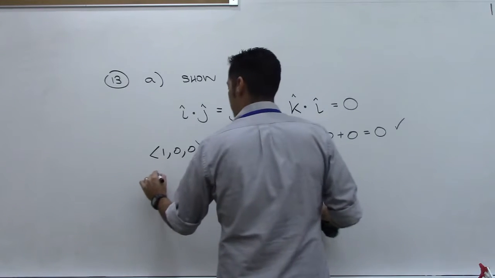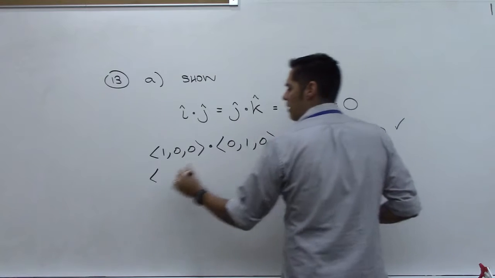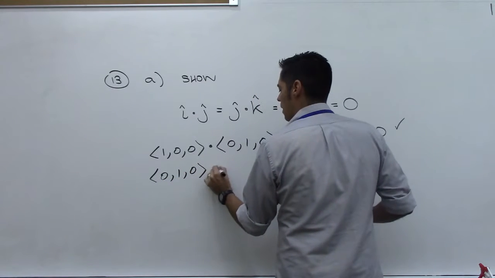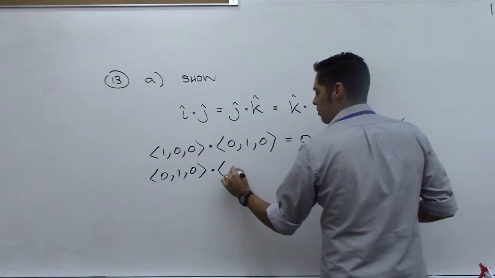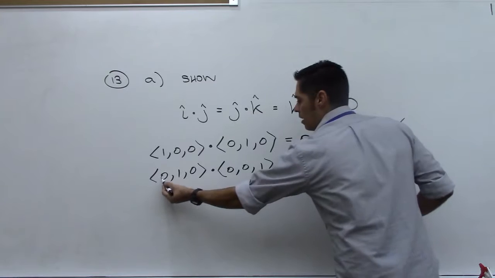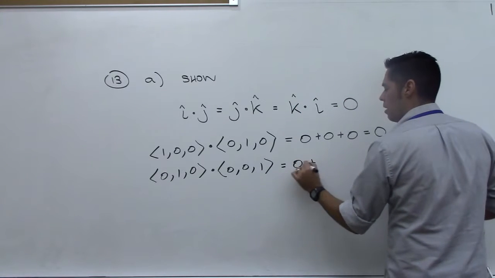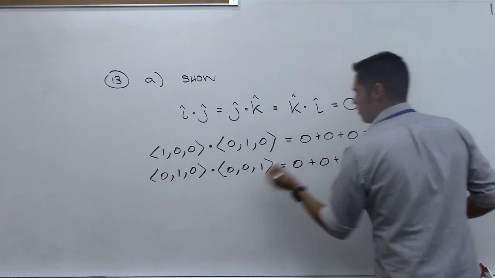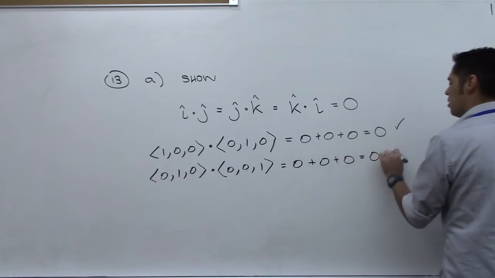Now let's do j hat dot k hat. So j hat is 0, 1, 0. Dotting that with k hat, which is going to be 0, 0, 1. And when I dot, 0 times 0 is 0, plus 1 times 0, which is 0, plus 0 times 1, which is 0, which is 0, that checks.